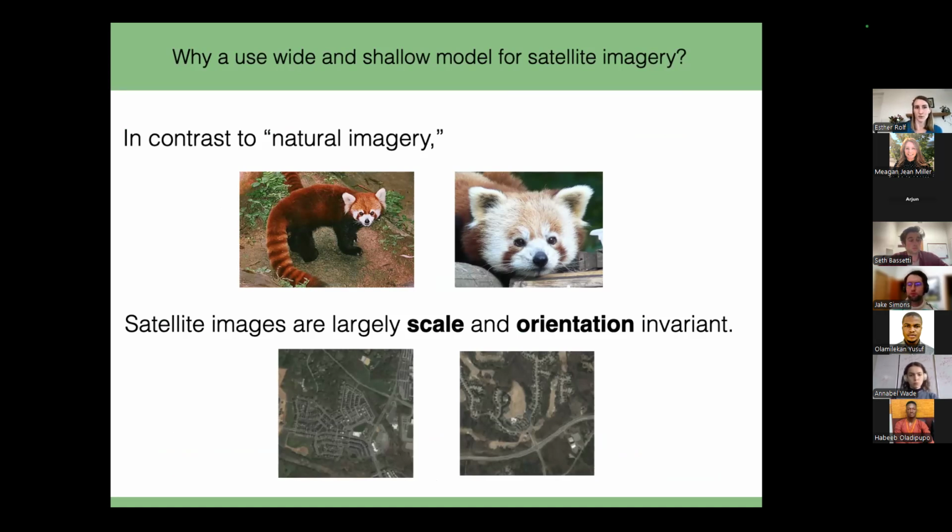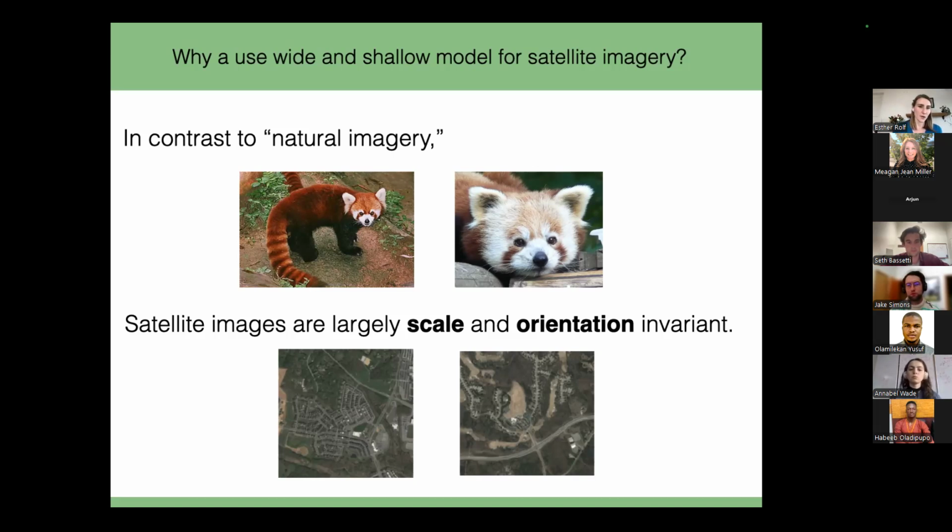So think anything that you could take a picture of with a camera. So these top two images are both from the very famous ImageNet dataset, and they're both the same class, red panda. And so a model that's going to do well, get high accuracy on ImageNet, needs to be able to distinguish that both of these are red pandas, even though one is a zoomed out picture of the whole body and one is this very zoomed in picture of the red panda's face.